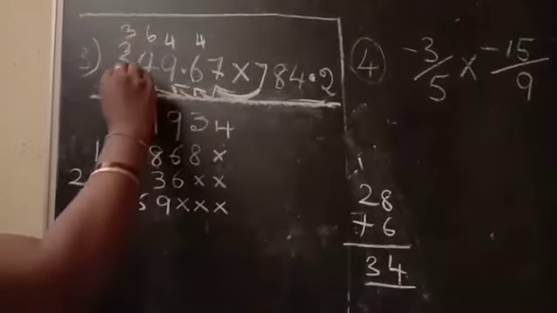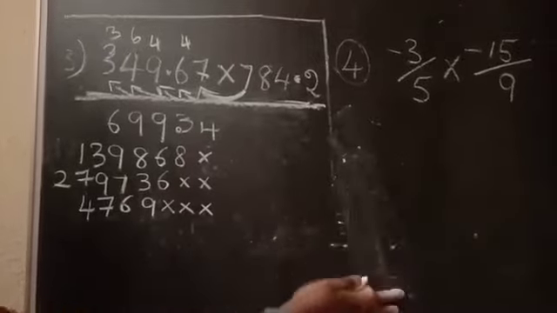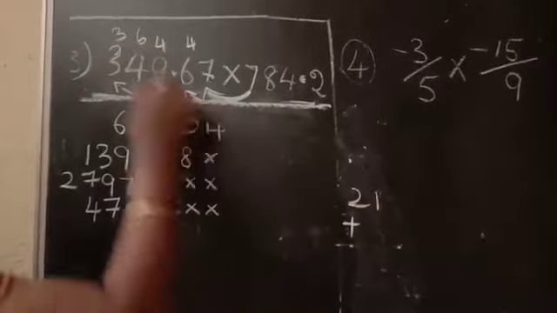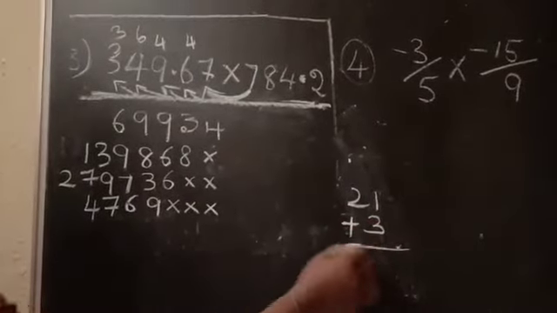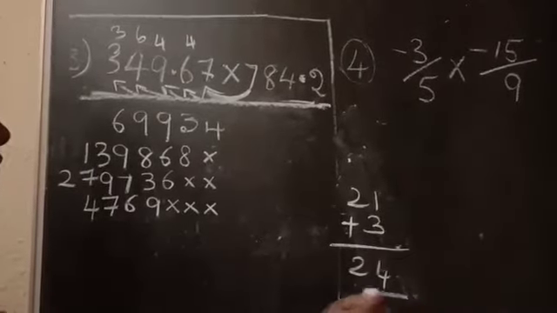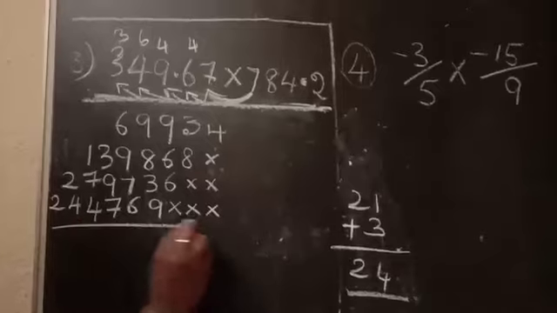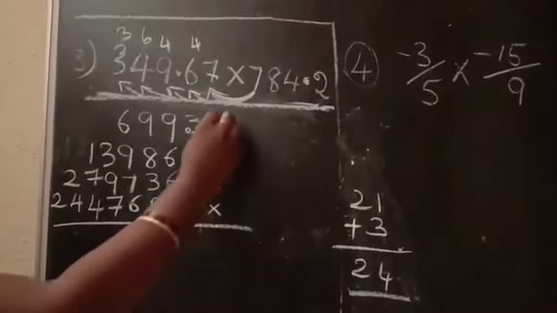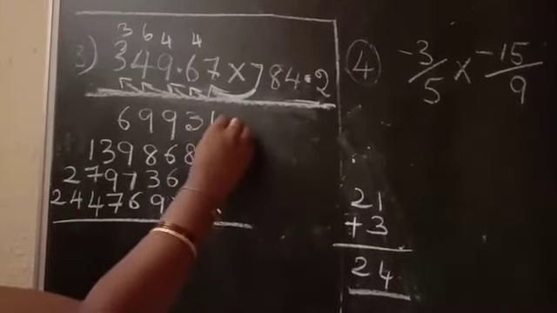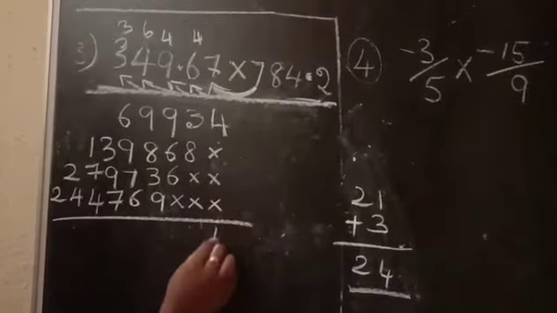Next, 3 7s are 21 plus 3 should be added with this. So 24. 24 we have to write it in this place. Next, we are going to add all the numbers. So 4, no numbers here, 4 only.